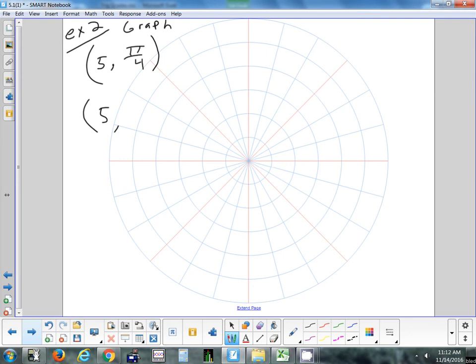Do you remember how to find it if you have to? Not sure. Can anyone help her out? What do you do? You take and multiply by 180 over pi. So the pi's cancel, and you're left with 180 divided by 4. So what's 180 divided by 4?